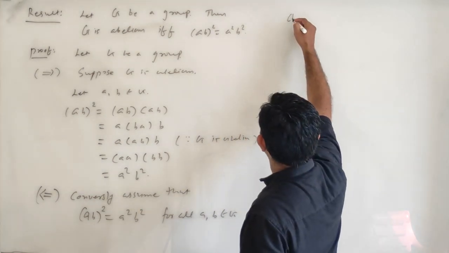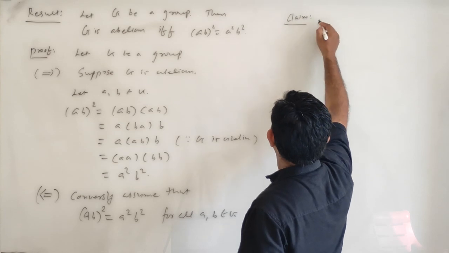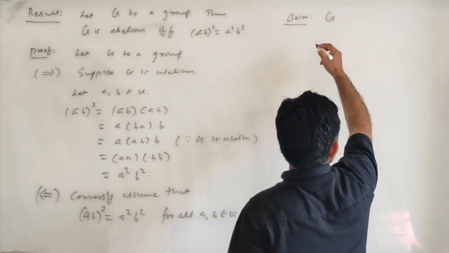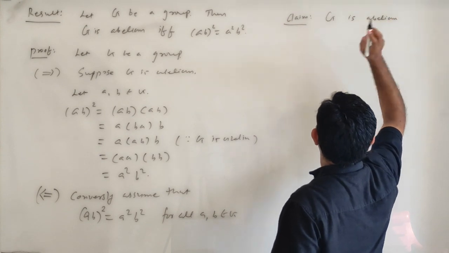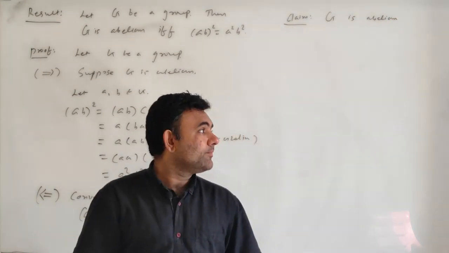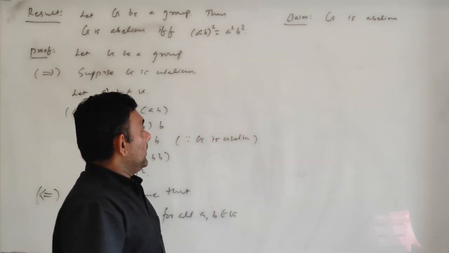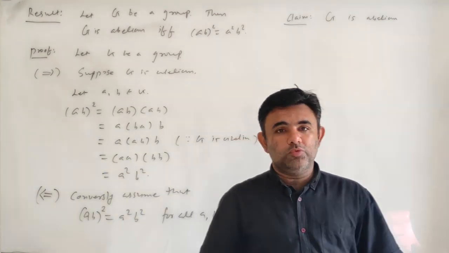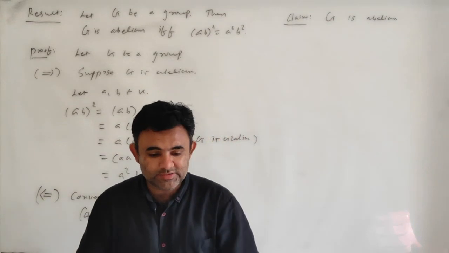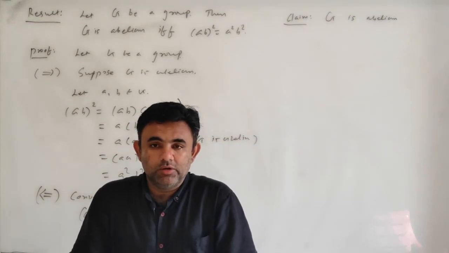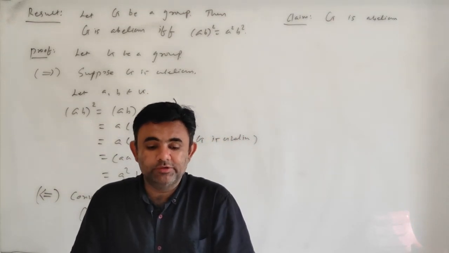Our claim is G is abelian. For that, what we have to prove is xy is equal to yx for all x, y belonging to G.